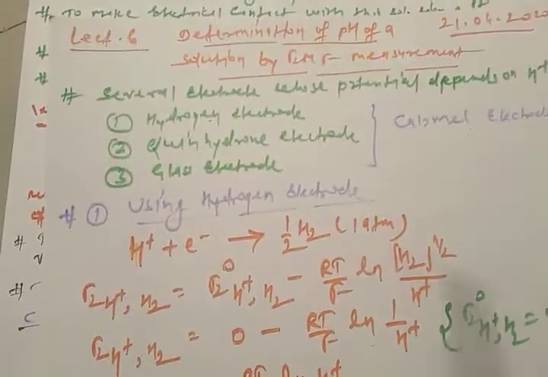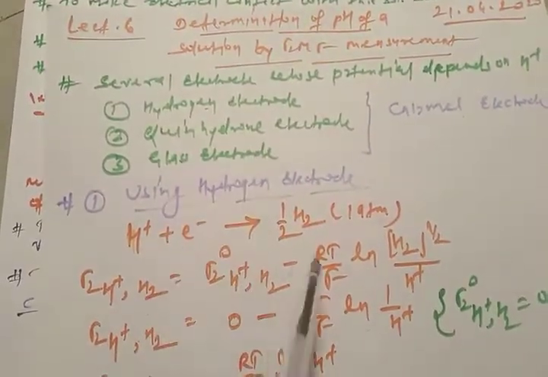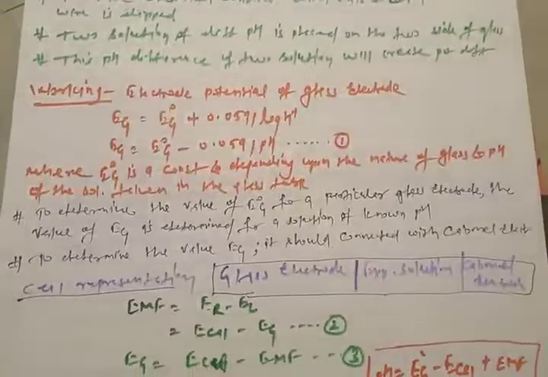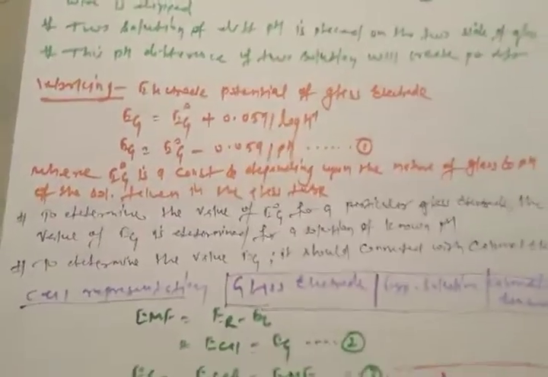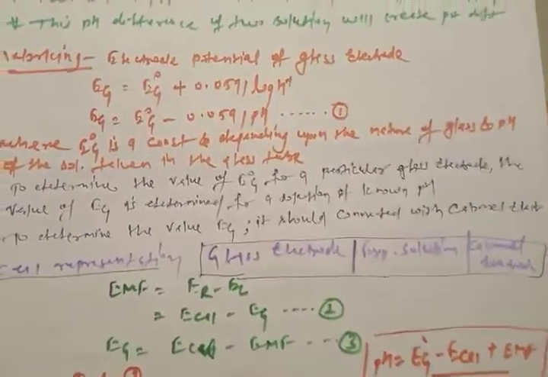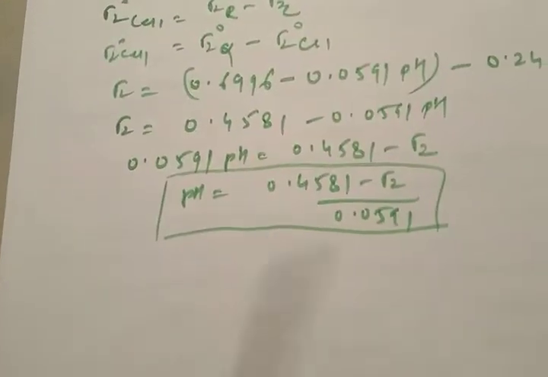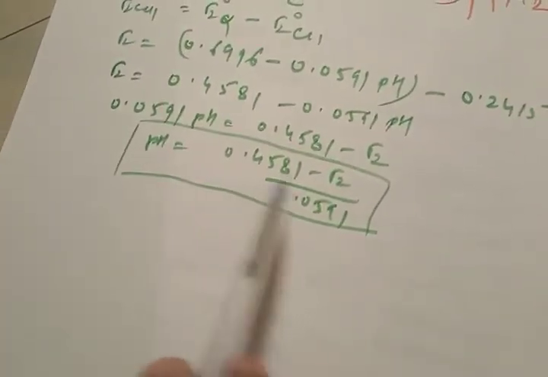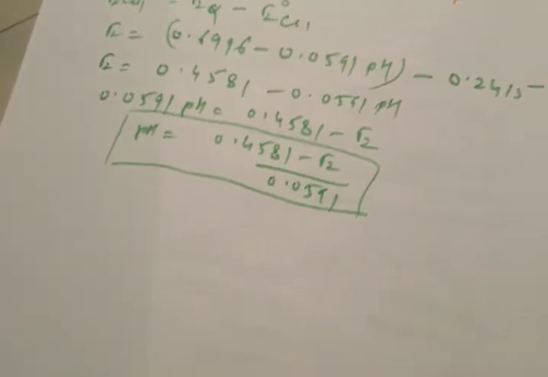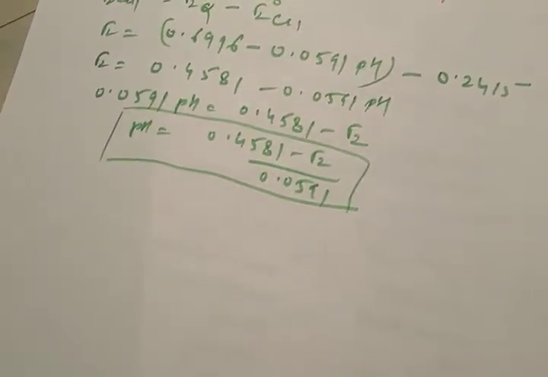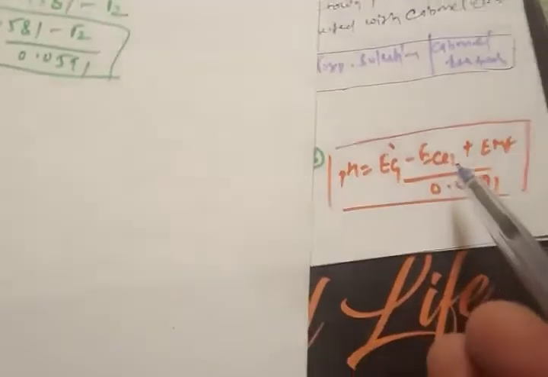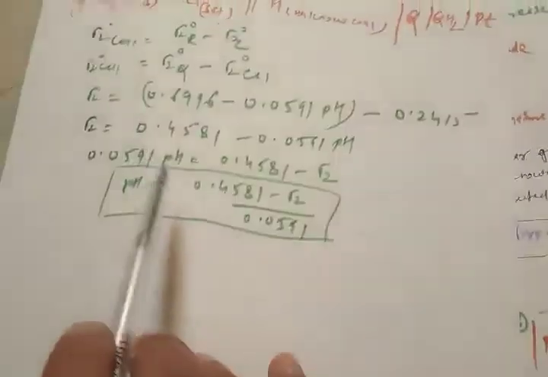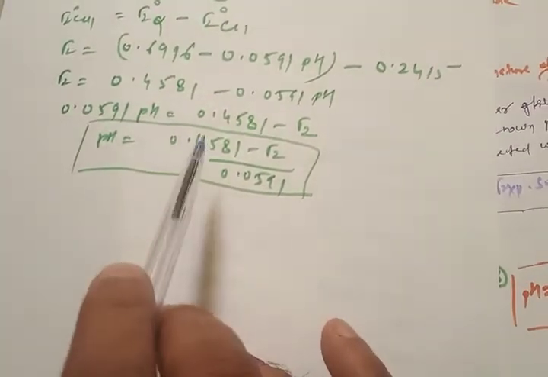Then we have another value, this is for the Quinhydrone electrode, not calomel, sorry.